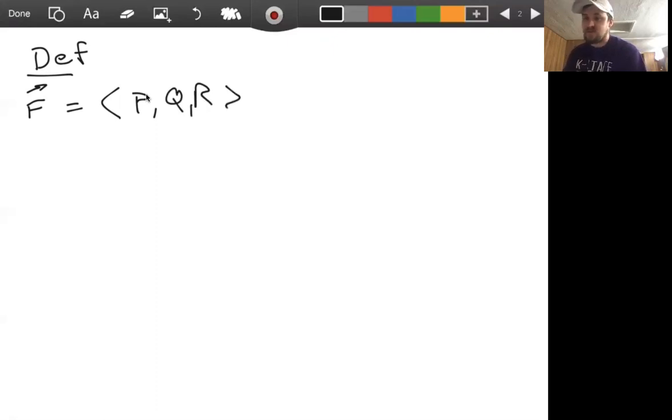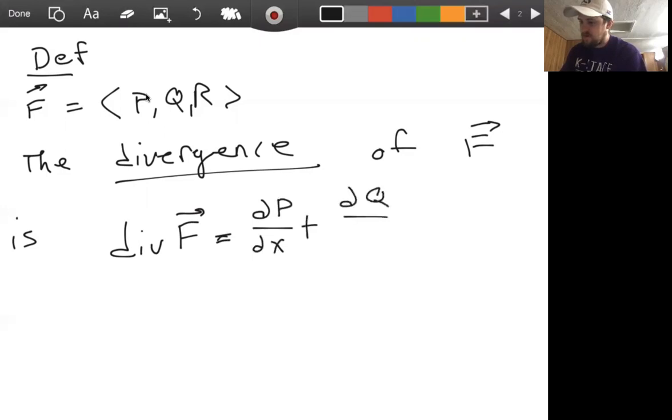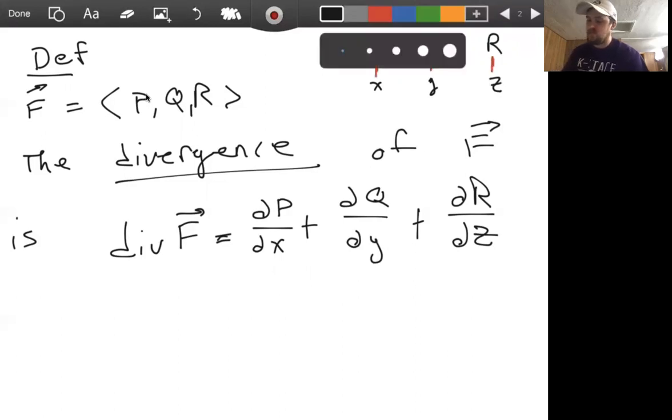Remember, P, Q, and R are all functions of X, Y, and Z. The divergence of F, and we write this as div F, is equal to the partial derivative of P with respect to X plus the partial derivative of Q with respect to Y plus the partial derivative of R with respect to Z. So you can see if we order our functions P, Q, and R, and then order our variables X, Y, and Z, you take dP/dX, dQ/dY, dR/dZ, and you sum up these partial derivatives. This gives you the divergence.